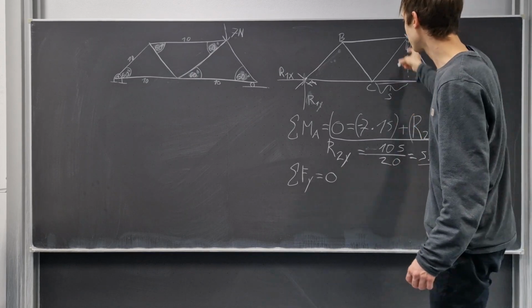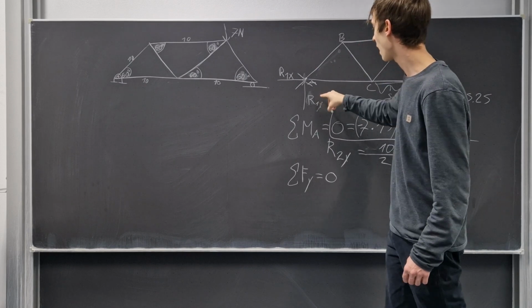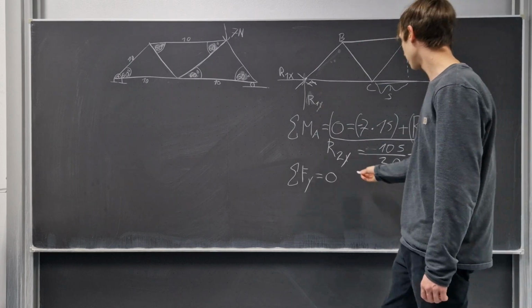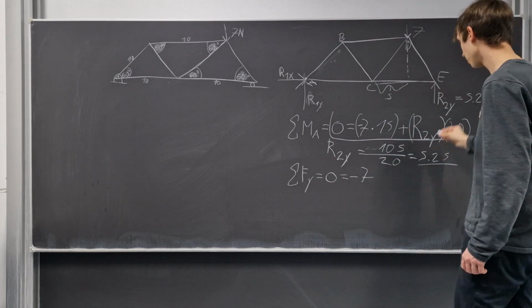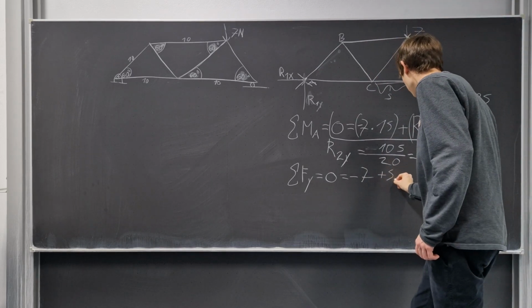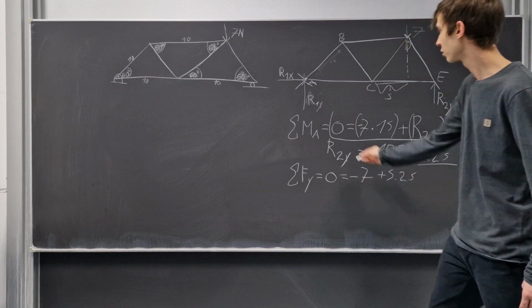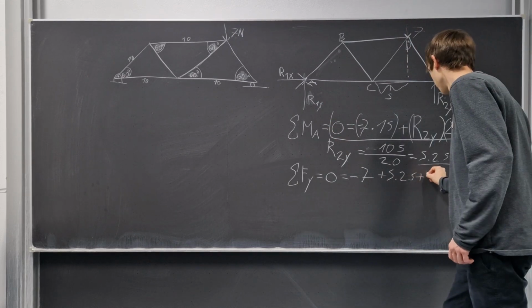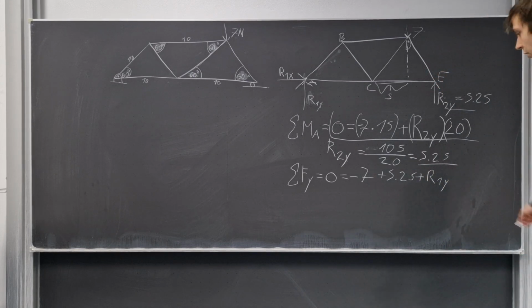So what do I have? This one going down, and I'm just taking again external ones to get the value of R1Y in this case. So it's minus 7 because of this one, then it's plus 5.25 because of that one that we got now, and then it's going to be plus R1Y. So what does R1Y have to be for this equation to be satisfied?